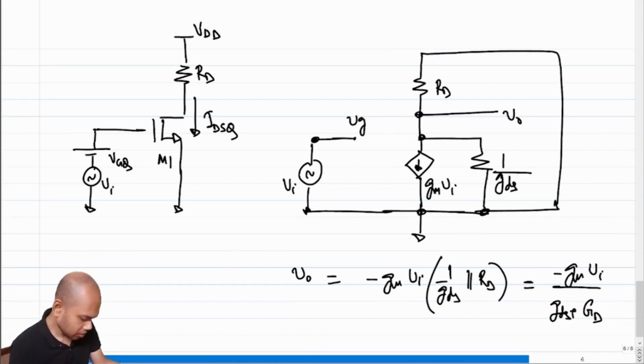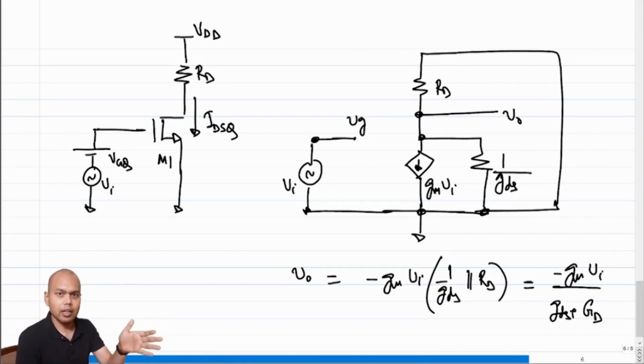Okay, so what do you think this expression is telling us? Clearly this expression is telling us that in the absence of channel length modulation, if we didn't consider channel length modulation, the gain would have been minus Gm times Rd, but in this case the gain is dropping because the internal Y22 of the transistor, the GDS of the transistor, is coming parallel to the output resistance.